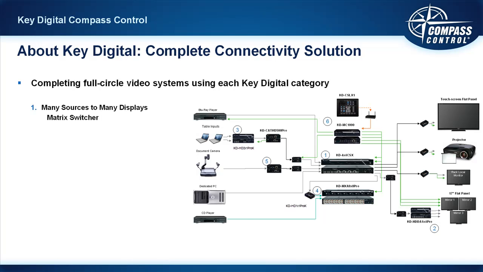It's the middle of the system, the hub of a video distribution system. Connects many sources to many displays, allows them to be viewed at any time and in any combination on any of those displays.